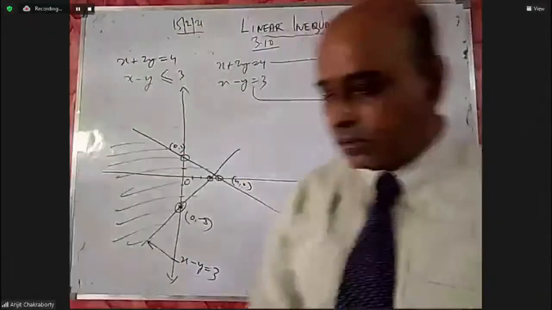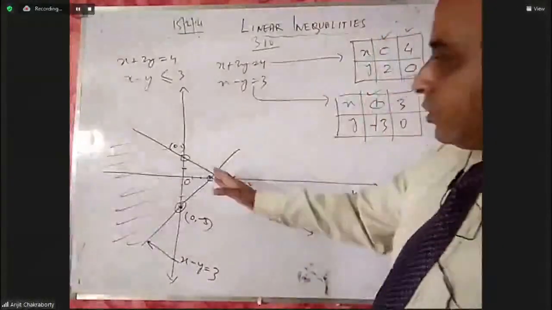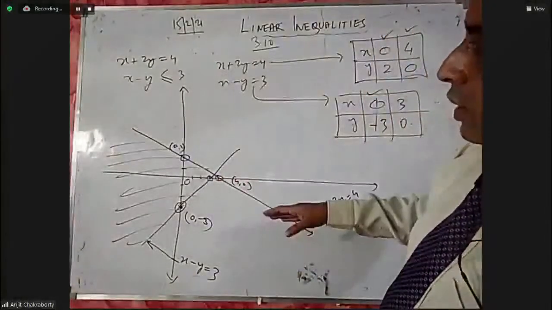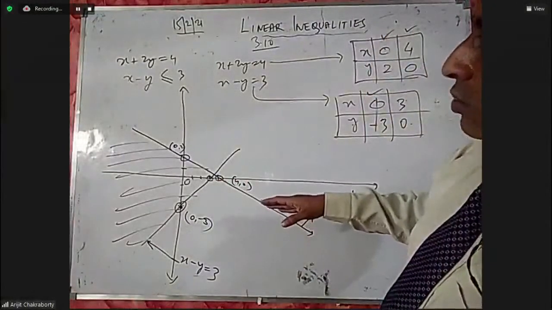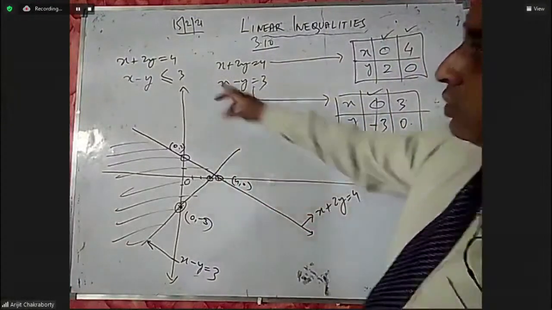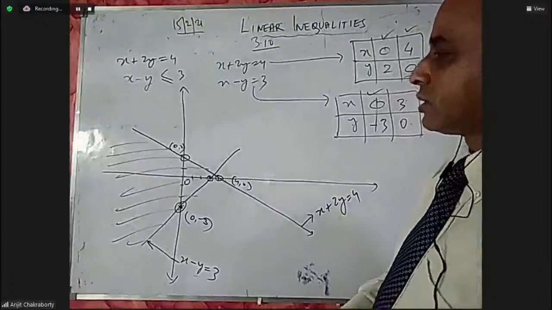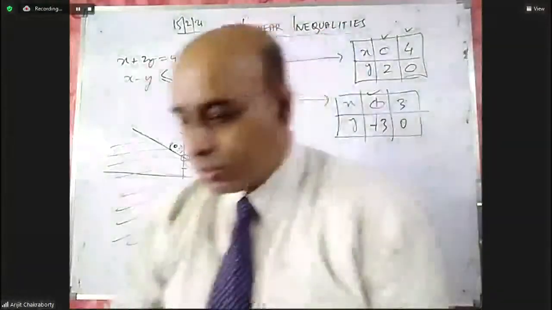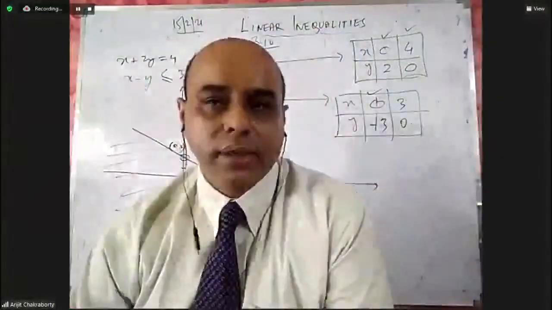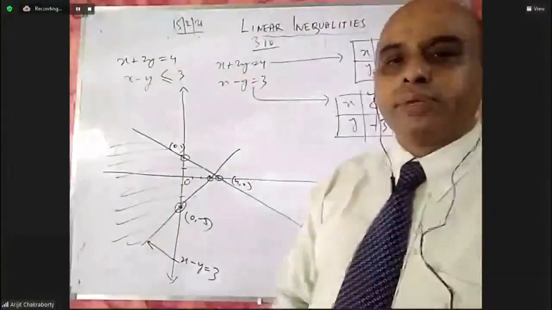Okay, so the equation goes like this. At the same time, we know that x plus y is equal to 4. So this will be the shaded region. And this is the solution, you can say, the feasible region for the given problem, right?